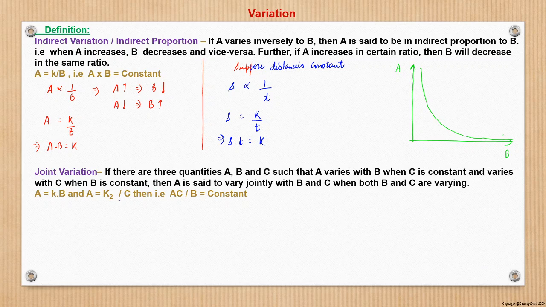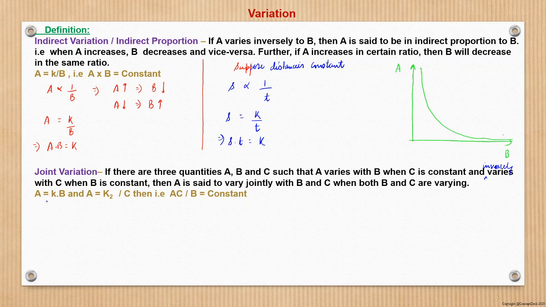Now same way here we were seeing joint variation. So if there are three quantities A, B and C such that A varies with B when C is constant and varies with C when B is constant. Here it inversely varies. Even if it directly varies, not an issue.